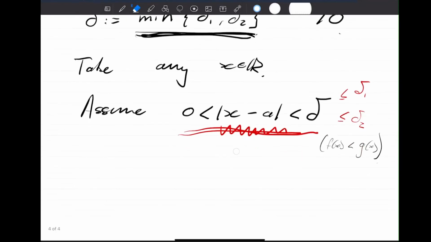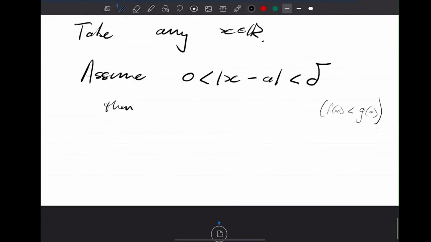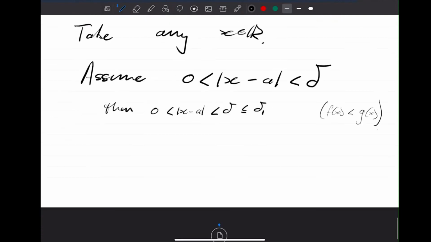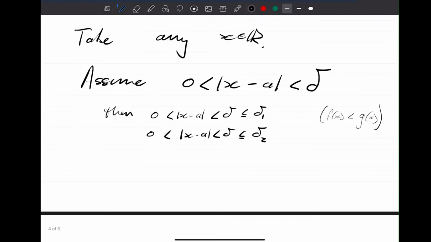And then what happens? Then we have absolute value of x minus a is less than delta, but delta is the minimum of delta 1 and delta 2, so it is less than delta 1 specifically, and similarly less than delta 2.